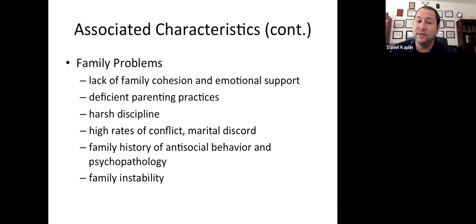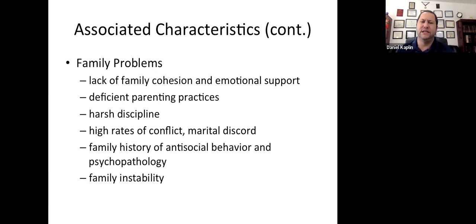Many of the parents struggle with raising children who have oppositional defiant disorder and conduct disorder. So they're deficient in parenting practices. They struggle with communicating with their children and oftentimes resort to more harsh punishments as a function of not being able to address the issue.